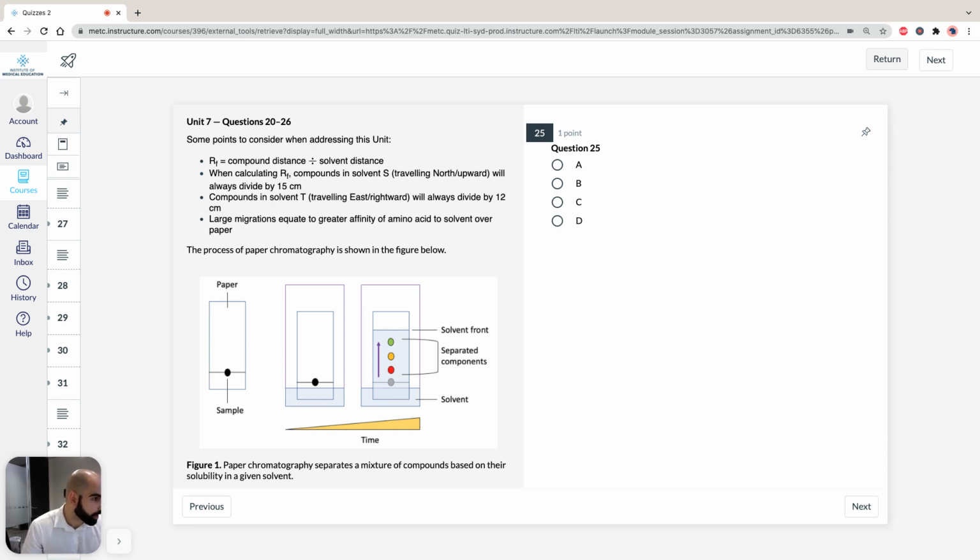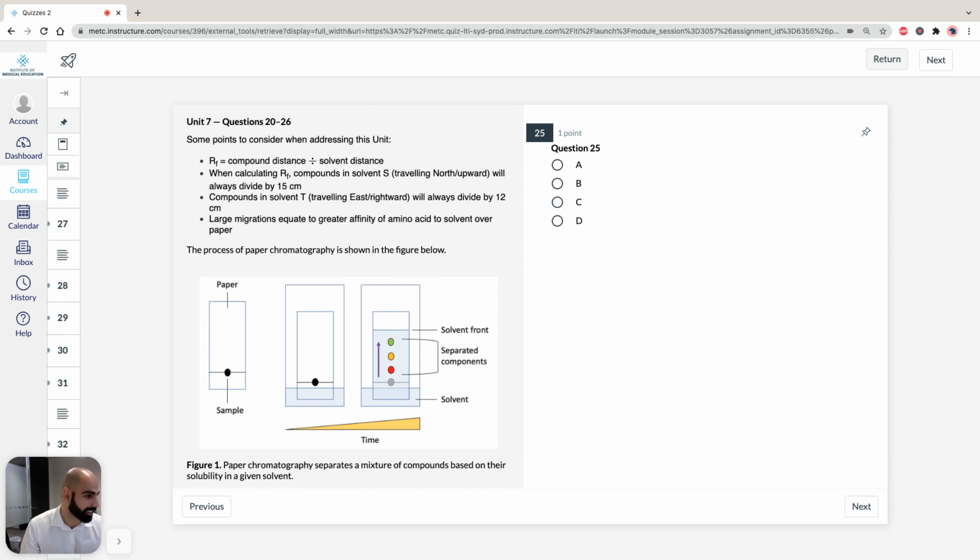question 25, comment 2 is incorrect. Tyrosine doesn't have a greater affinity for solvent T than threonine. If we take a quick look, tyrosine actually has a less migratory pattern in solvent T than it does threonine.